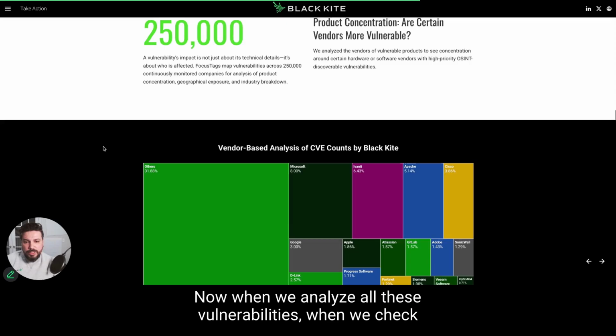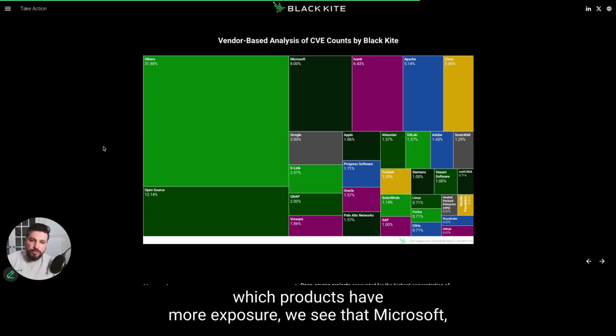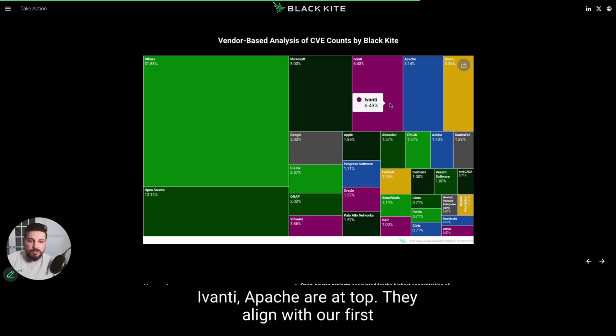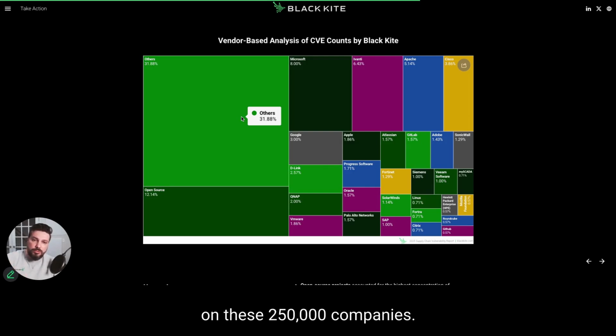Now, when we analyze all these vulnerabilities, when we check which products they have more exposure, we see that Microsoft, Ivanti, Apache are at top. They align with our first analysis, but now the difference is that we are checking the susceptibility on these 250,000 companies.